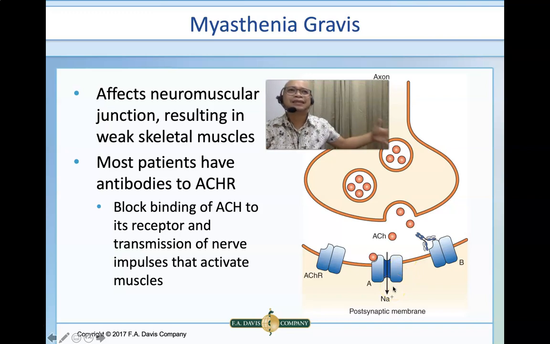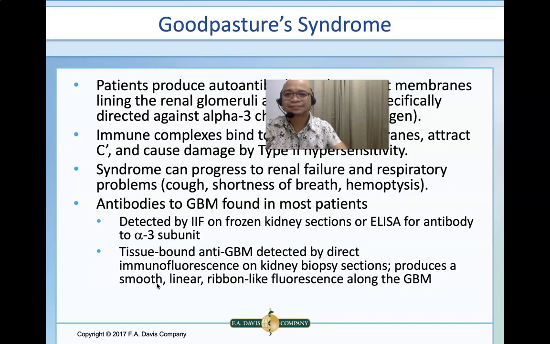Skeletal muscle contraction will be affected because you block the binding of acetylcholine to its receptor, and transmission of the nerve impulse that activates the muscles will be affected. So there would be weak skeletal muscles and eventually paralysis.